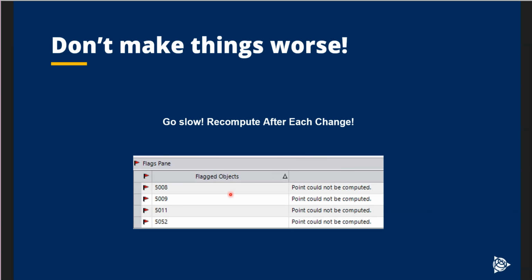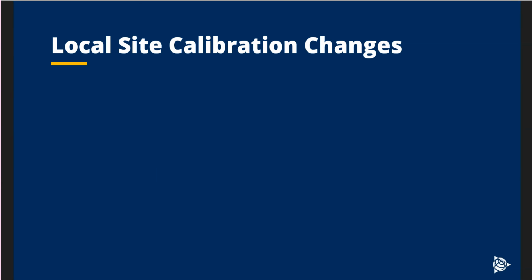So basically you remove data that is critical to TBC calculating the points, and you can do that for a whole bunch of things, right? So just be careful. Another pitfall you could fall into is if you go out, or send somebody out, to a project and you do a site calibration, and then in that same job you set up and do a bunch of total station observations on the first day out there.